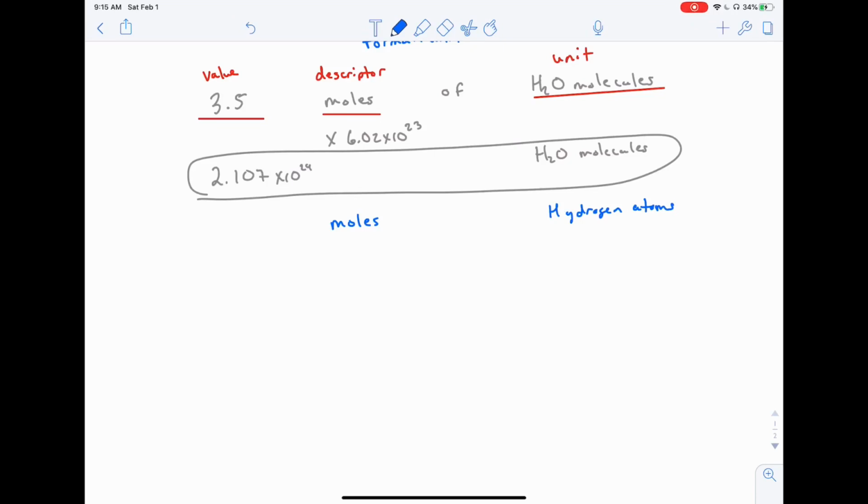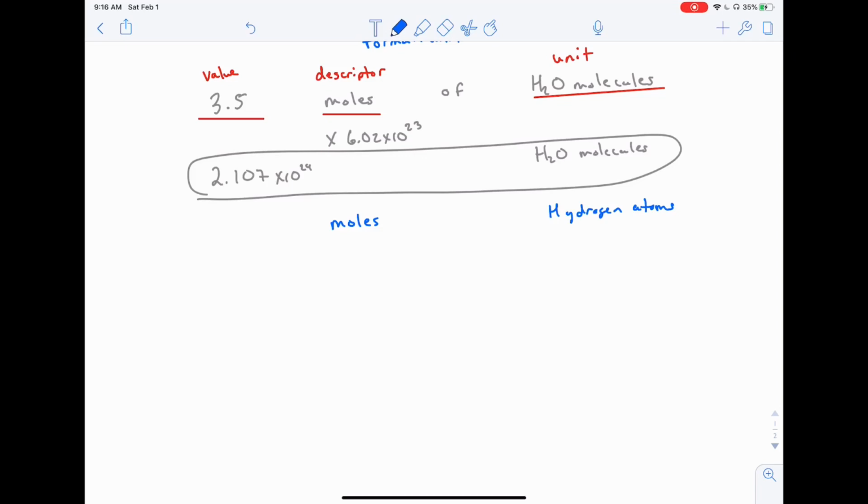Well, the key thing here is you're still in the unit of moles. So you should never be using 6.02 times 10 to the 23rd because the descriptor stayed there. So that's not what's being changed. What's being changed here? The unit. So you have to do a conversion for that unit. And so what's your conversion of molecules to hydrogen atoms? How many hydrogen atoms are in one molecule here?